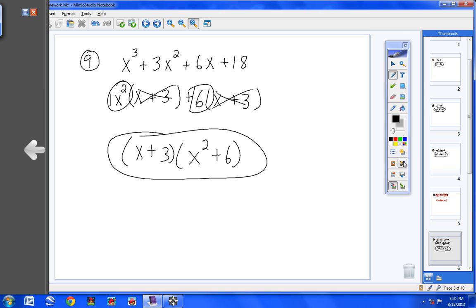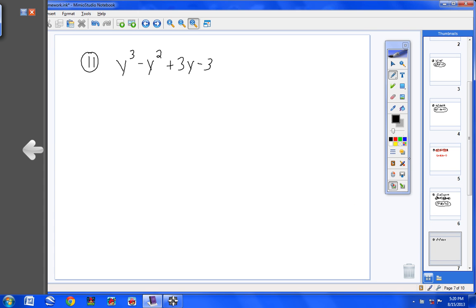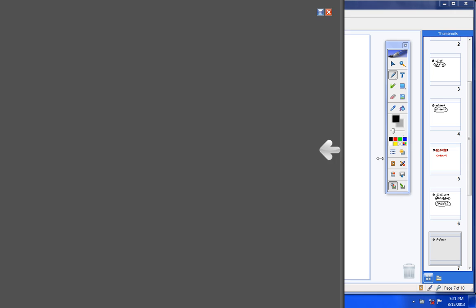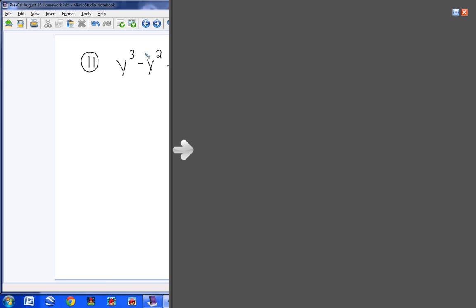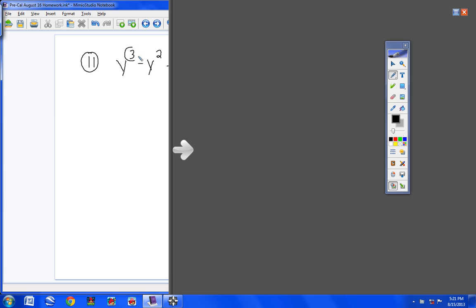All right, let's move on to number 11. Okay, here we go. Factoring by grouping. What you've been taught so far is look at the first two terms and pull out what's common in the first two. So here we go. There's no coefficients to worry about, so I look at my y's. I have 3 y's here and 2 y's here.